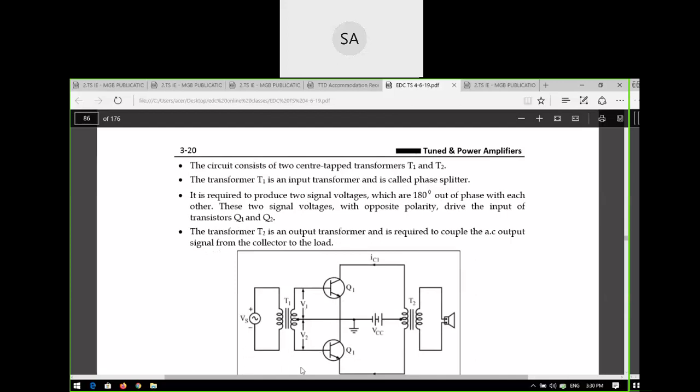So the input transformer or phase splitter generates two signals, V1 and V2, which are opposite to each other, that is, a 180 degree phase shift.